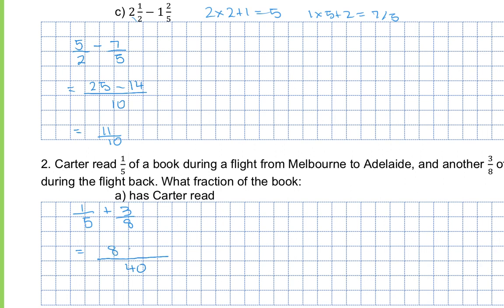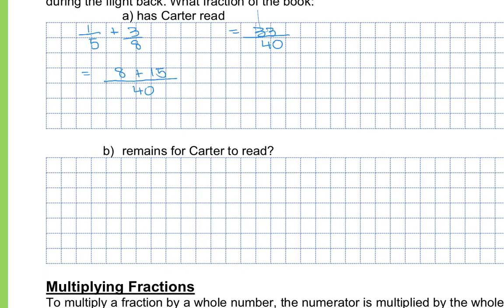So, finding the common denominator, 5 times 8 is 40, and then multiplying the top with the opposite denominator gives me 8. 5 times 3 gives us 15. All up, 23 over 40.